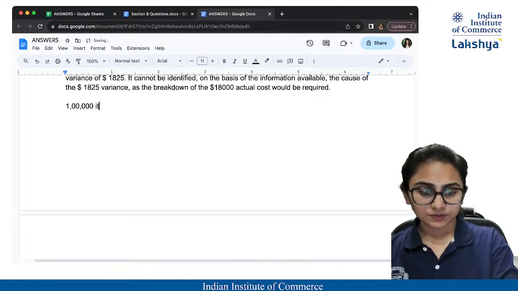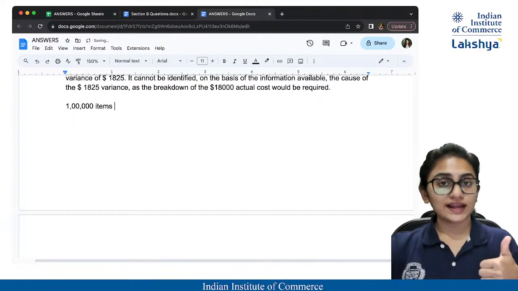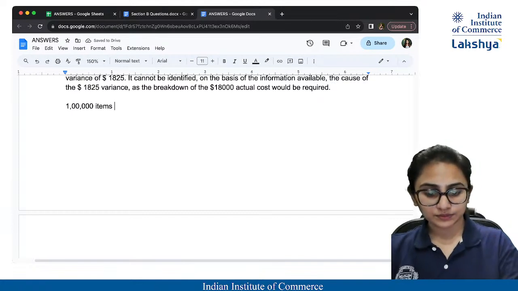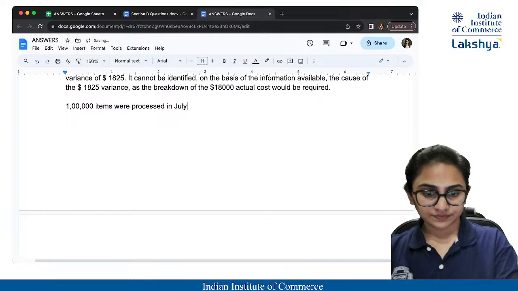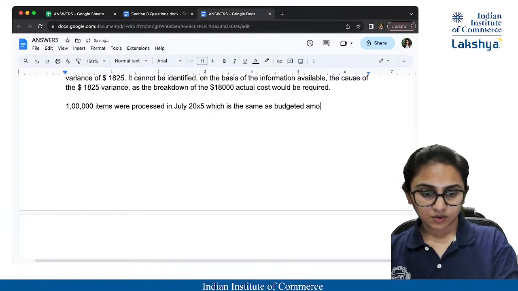1 lakh items were processed. How we found out that? 12 lakh divided by 12 months, so 1 lakh per month were processed in July 20x5, which is the same as budgeted amount.